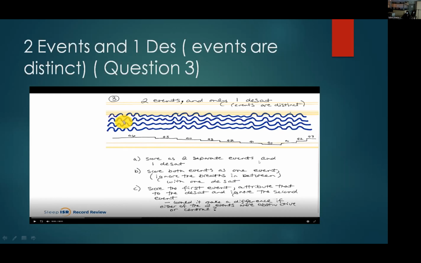Score as two separate events and one desat, or score both events as one event, ignoring the breath in between, with one desat. Or score the first event, attribute that to the desat, and ignore the second. Would it make a difference if either of the two events were obstructive or central?